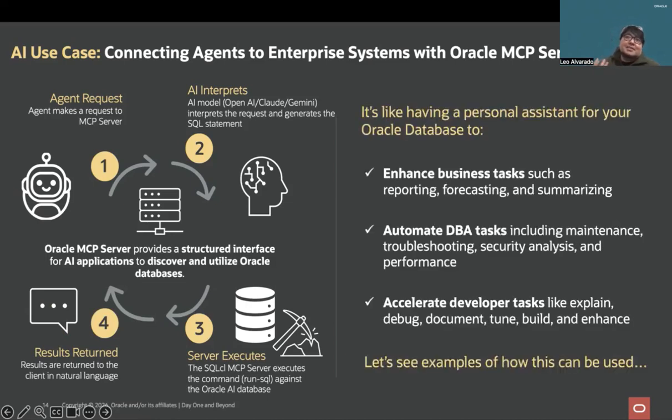So think of it as having a personal assistant for your Oracle database, which you can easily use to enhance business tasks like your reporting and forecasting. You can also automate some of your operational tasks, like DBA tasks such as maintenance and troubleshooting, as well as accelerate developer tasks.